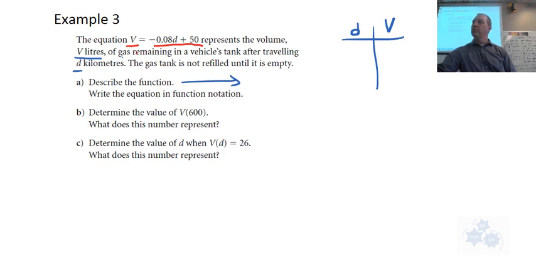Yeah, V of D, right. You have to show the input variable with the output variable. Okay, guys, it's not hard. Look, this is V. So function notation is V of, what's the input variable? Look, it's right over here. So V of D equals, you write the exact same thing you have over here. Okay, that's function notation.